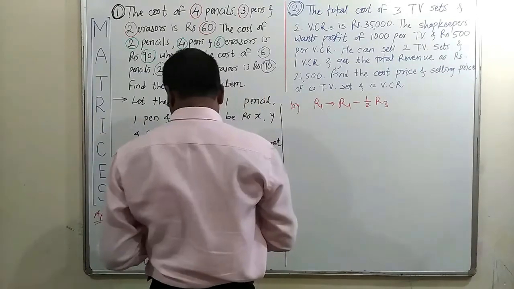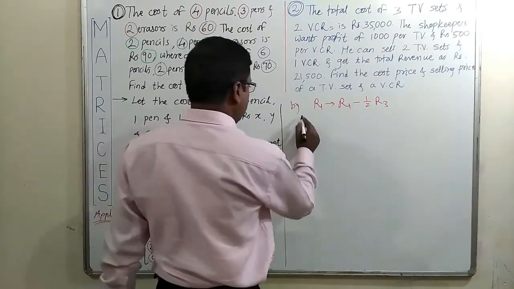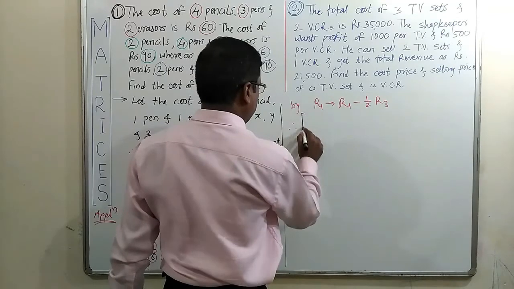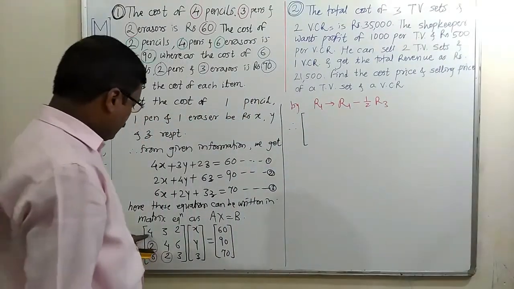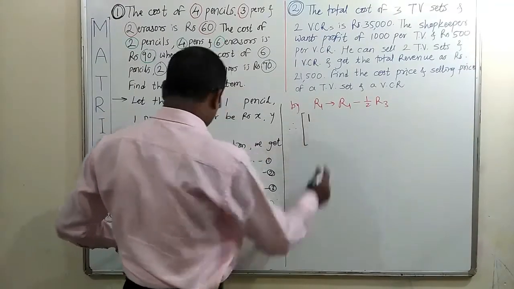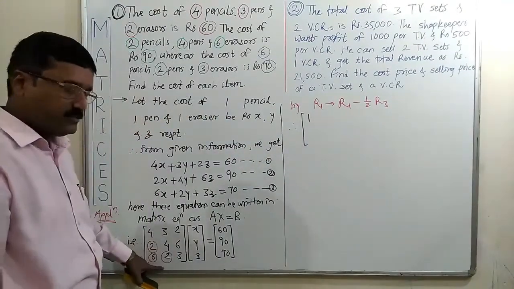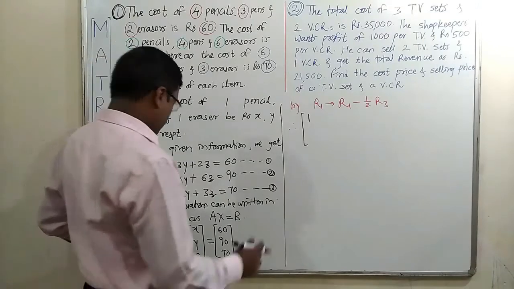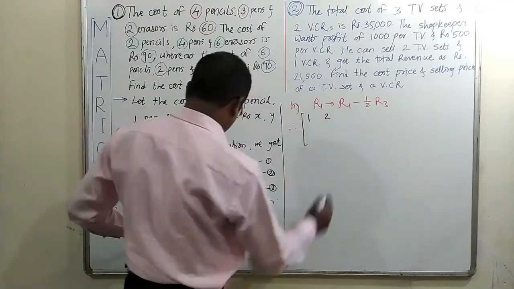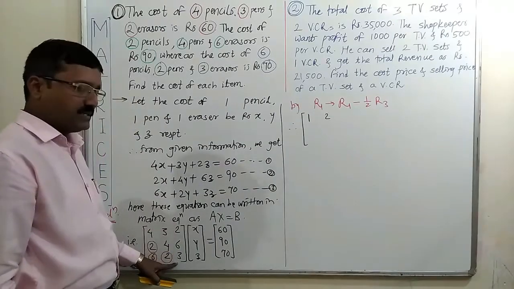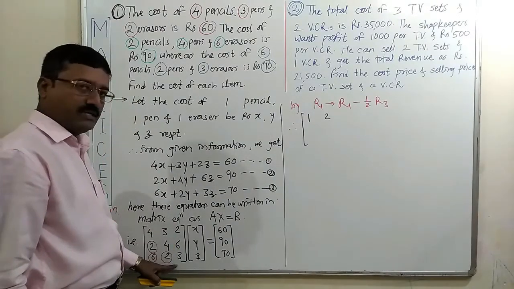So we get 4 minus half of this, 3, so it becomes 1. 3 minus half of this, 1, so we get 5 by 2. 2 minus half of this, 3 by 2. 2 minus 3 by 2, that is half.